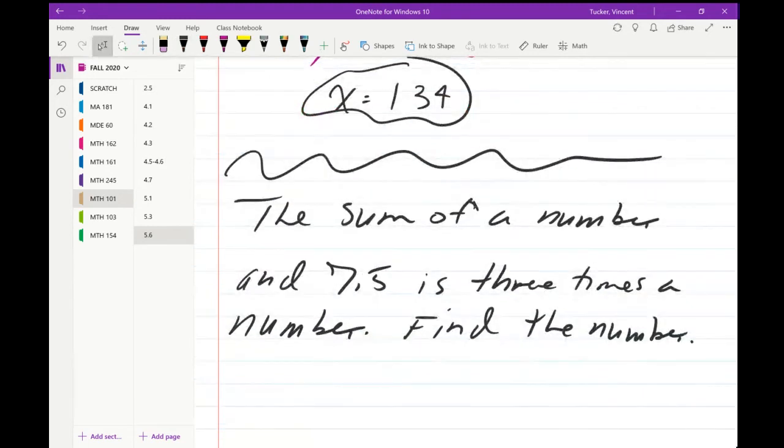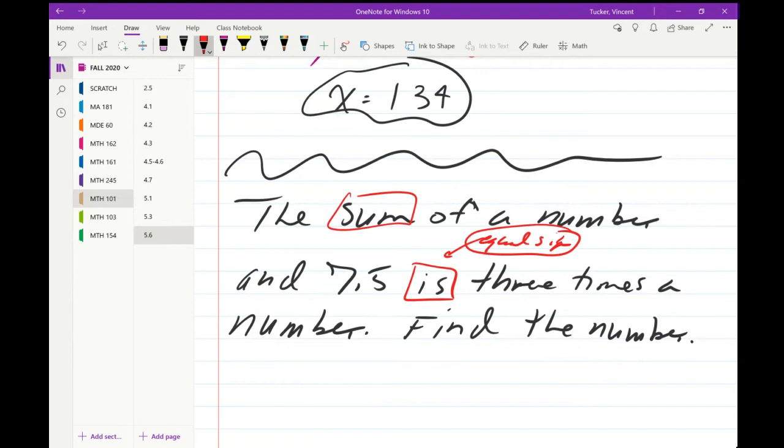All right, so the sum of a number and 7.5 is 3 times the number. So if they want you to solve something like this, have an algebraic expression for you to convert, one of the keywords you could look for is the word is. That's your equal sign. So we can start off with the sum of a number and 7.5.